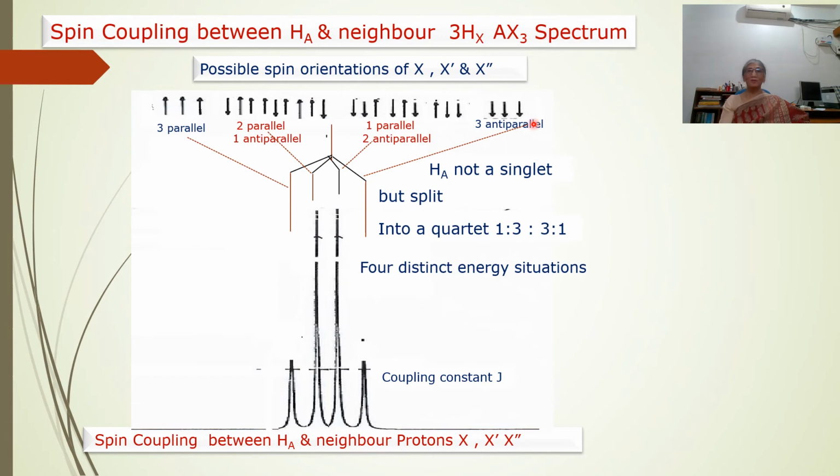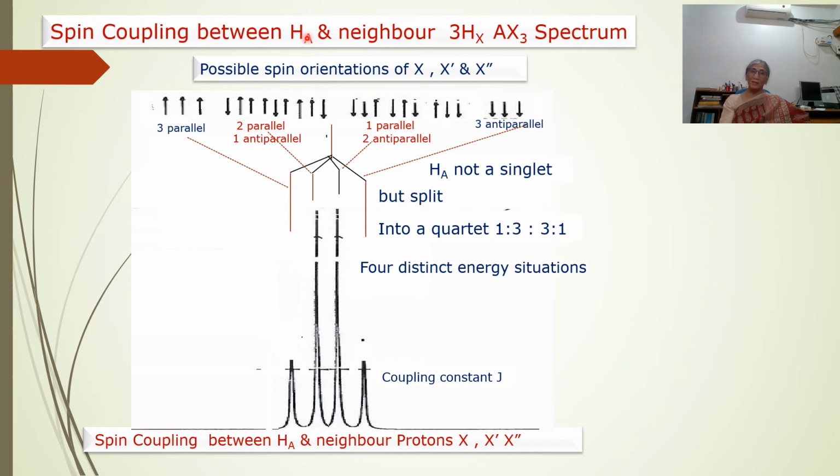The second is when the three have antiparallel spin orientation. The third is when two neighboring X protons have parallel spin orientation and one has antiparallel spin orientation, and this can happen in three different manners. The fourth is when two neighboring X protons have antiparallel spin orientation and one has parallel spin orientation, and this can also arise in three different manners.